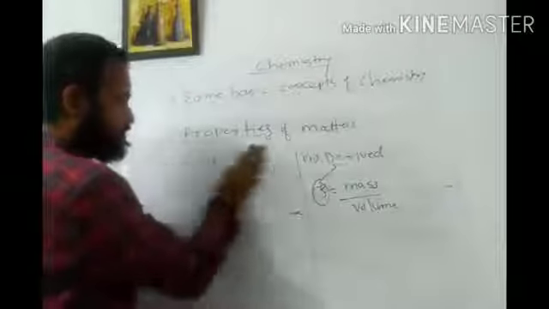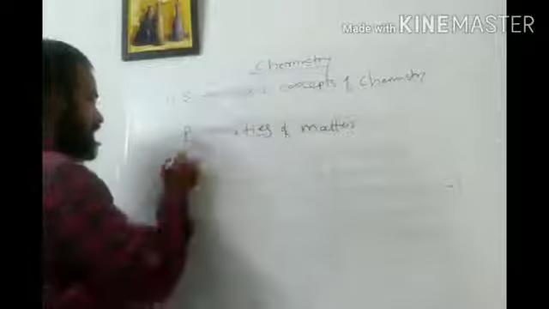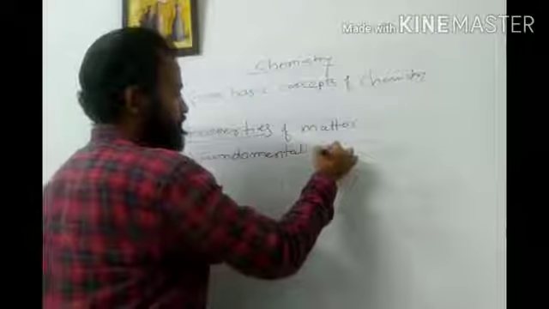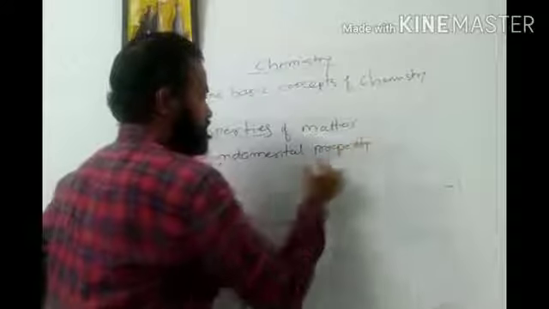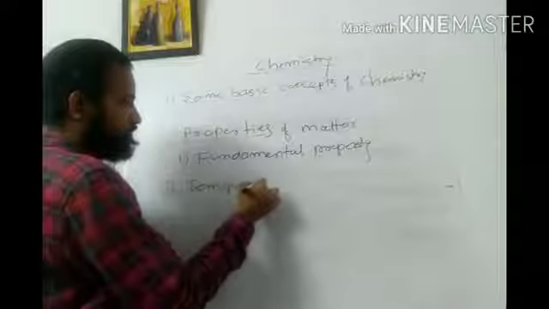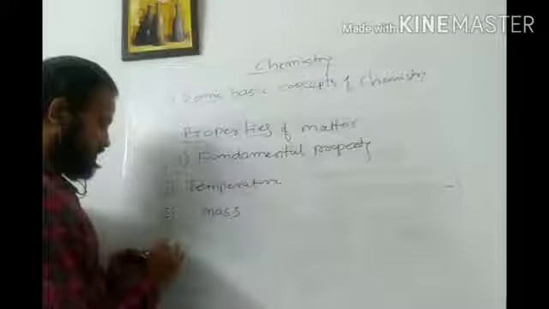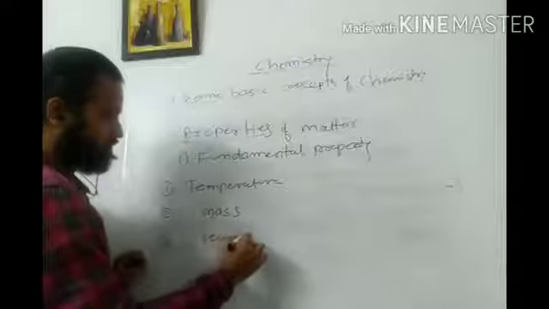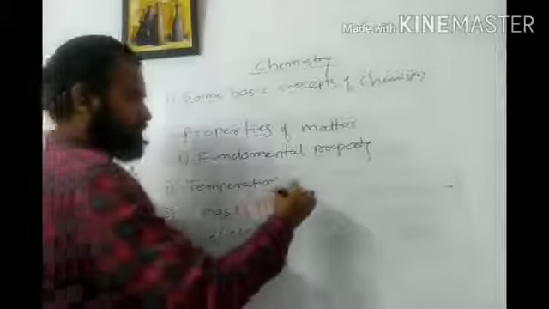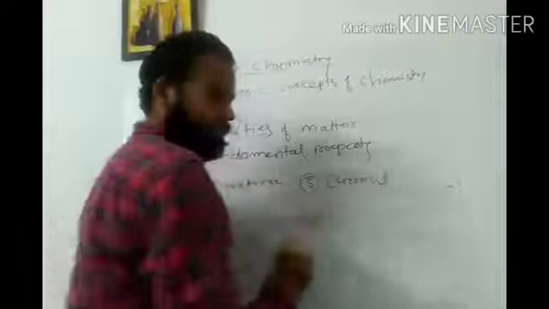The first fundamental property is temperature. The second one is mass, the third one is length, the fourth one is time, the fifth fundamental property is current, and the sixth one is the luminous intensity.